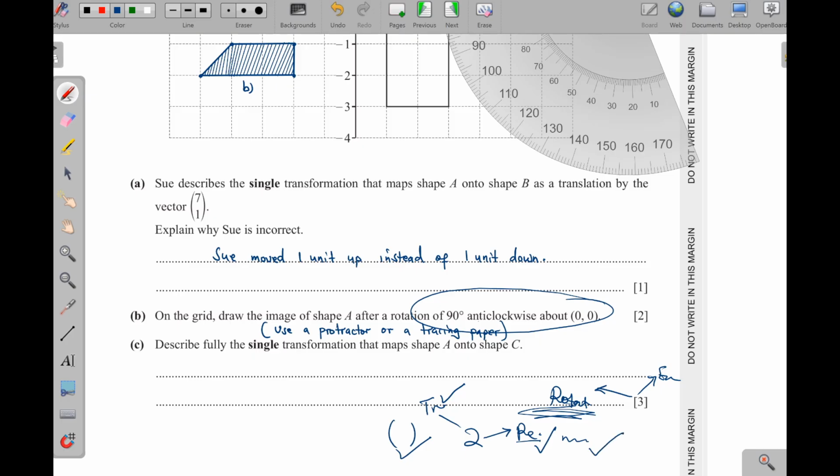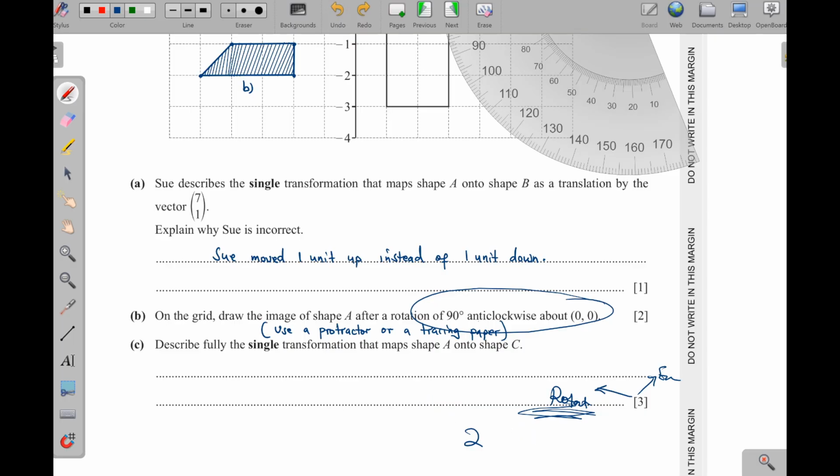Then when it comes to rotation, just like I said, you tell us it is rotation, then you give us the 90 degrees or the angle and then the direction, then the other one is the center. If it is enlargement, you tell us that it is enlargement, then you give us the scale factor and then the center of enlargement. You get that?